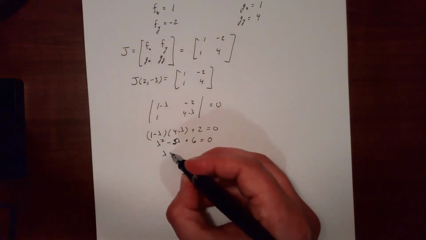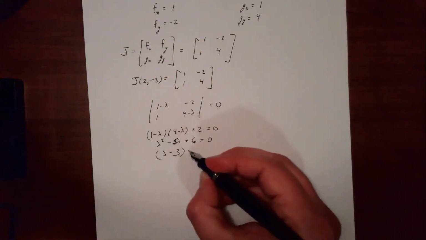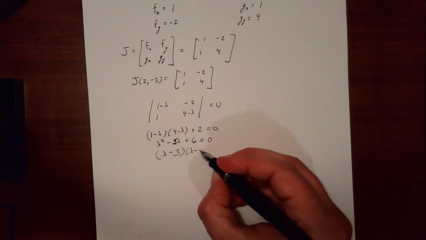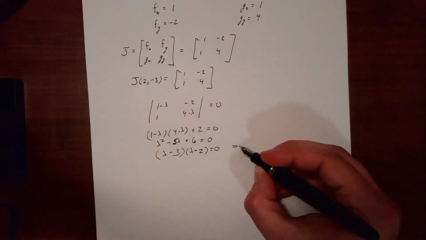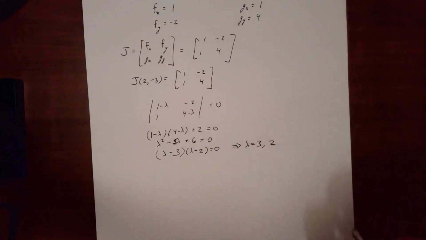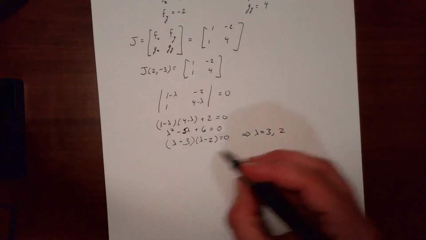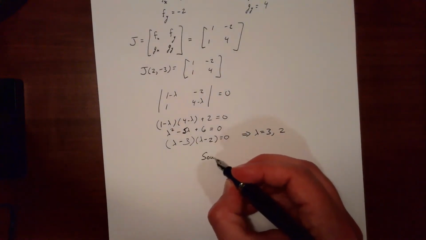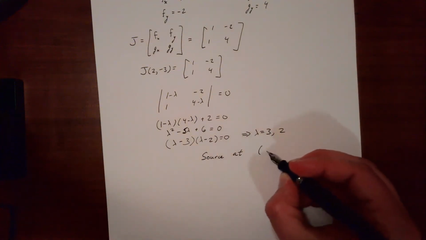Okay, so then that's going to be lambda minus 3, lambda minus 2 equals 0, meaning lambda equals 3 and 2, both positive, both real, so this is going to be a source at 2, negative 3.